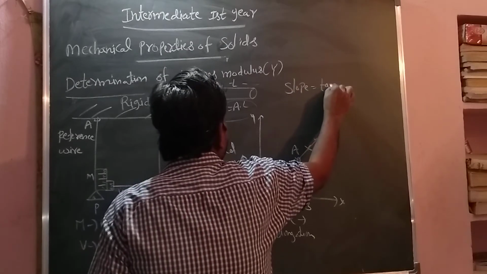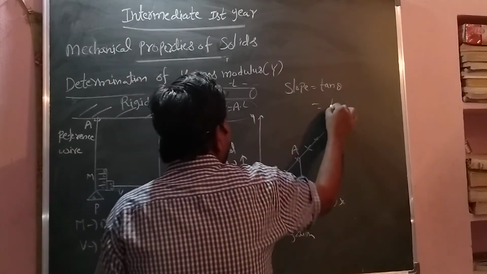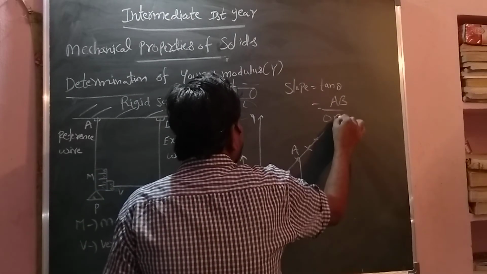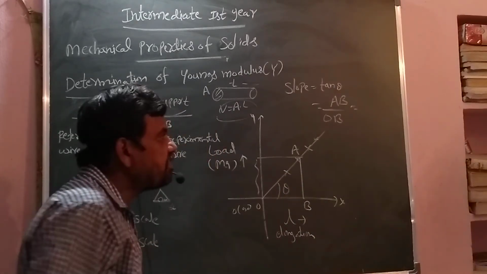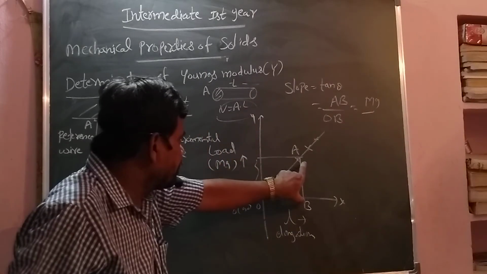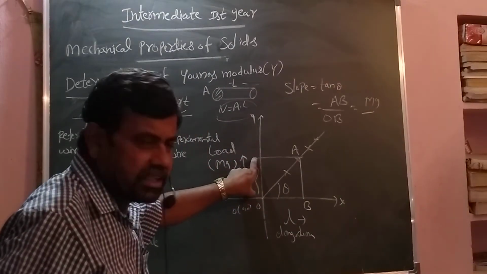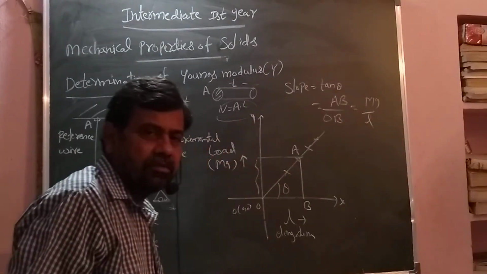So what is AB? The corresponding load, mg weight. And corresponding to this, what is the value? That mg by small l. Here all are L only, but for a particular L, a particular mg is taken. Anywhere you take, we get the slope constant.